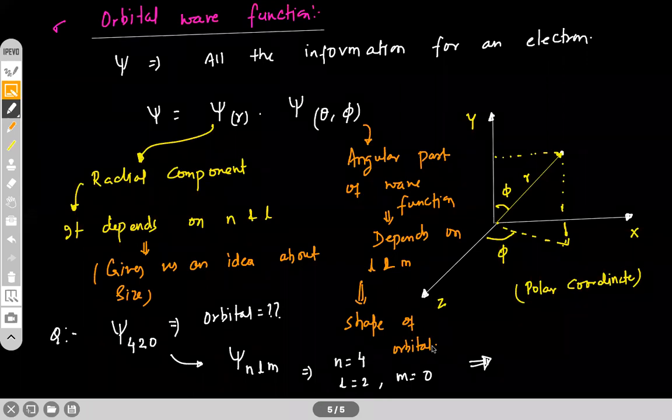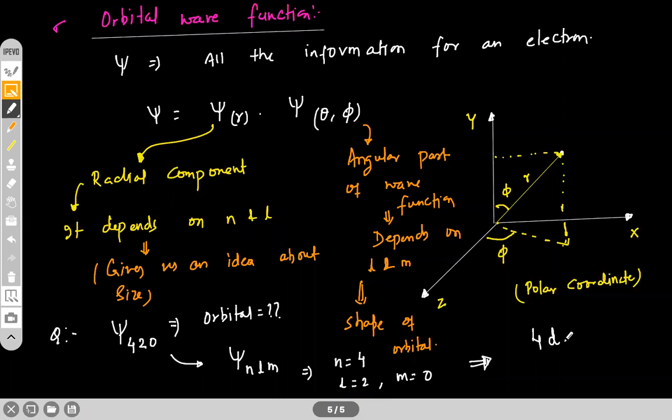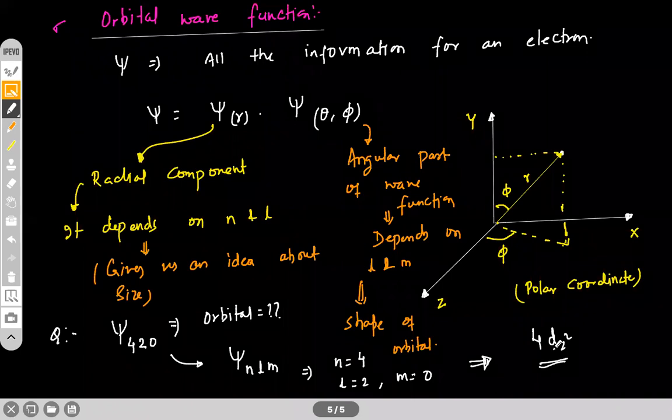Yes, so N is equal to 4, so the principal shell is 4. L is equal to 2, it means it is the d subshell. M is equal to 0, it means it is dz square. So this kind of easy question they ask you.